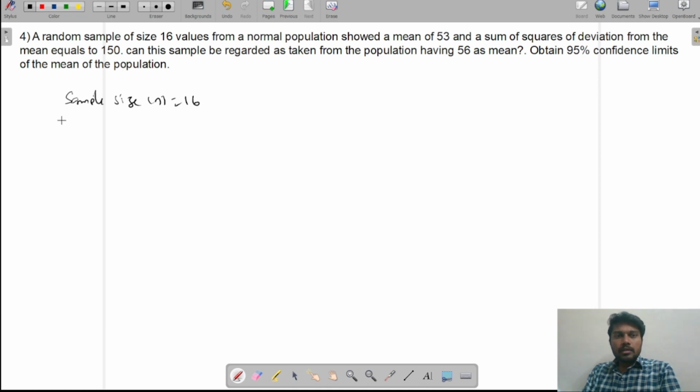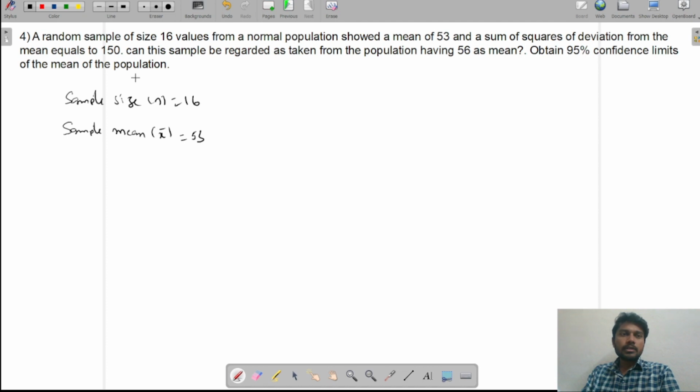So the sample mean x bar equal to 53 and the sum of squares of the deviation from the mean equals 150. Okay, so some value is given, 150. So what is the value?